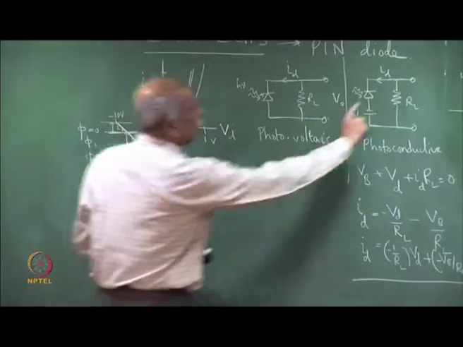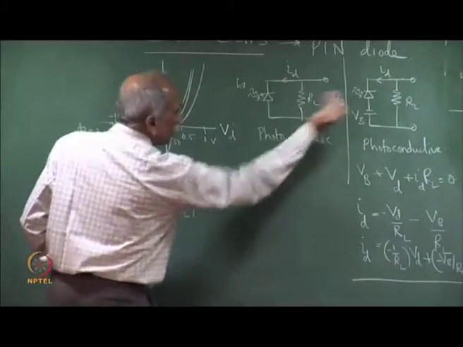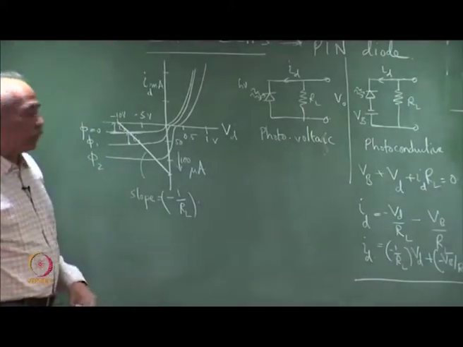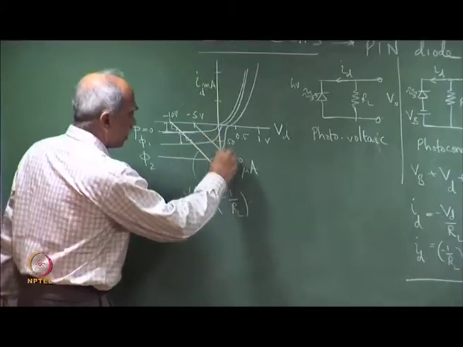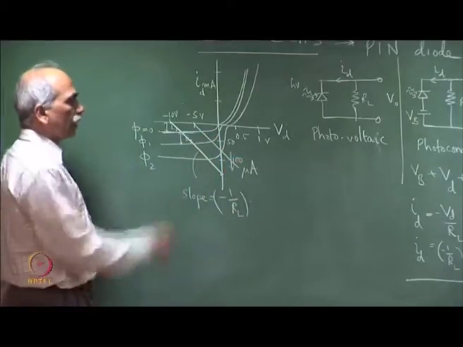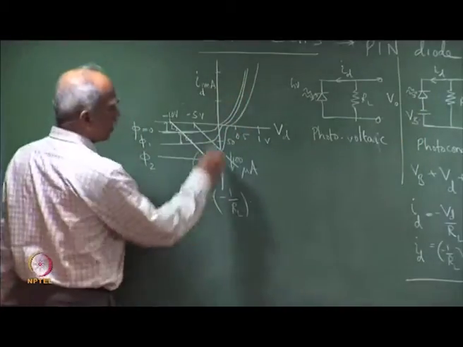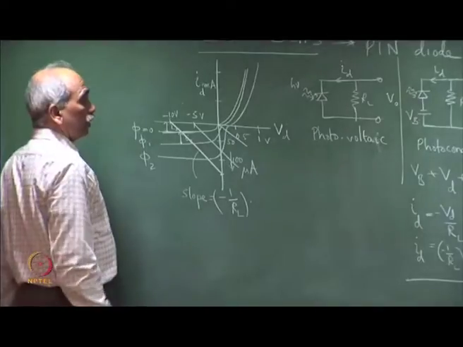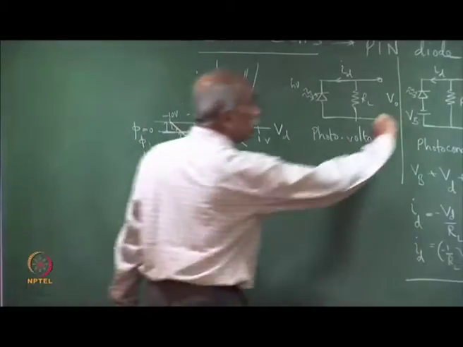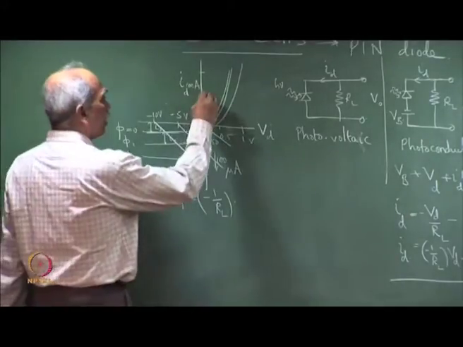If V b turns out to be 0, if we reduce V b to minus 5 volt, then this curve will shift here. The new load line will be this. If we turn off V b to 0, the load line will be here. And if we forward bias this, then the load line will be here.